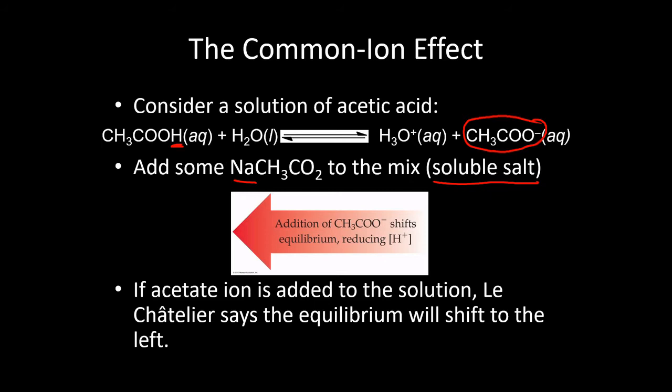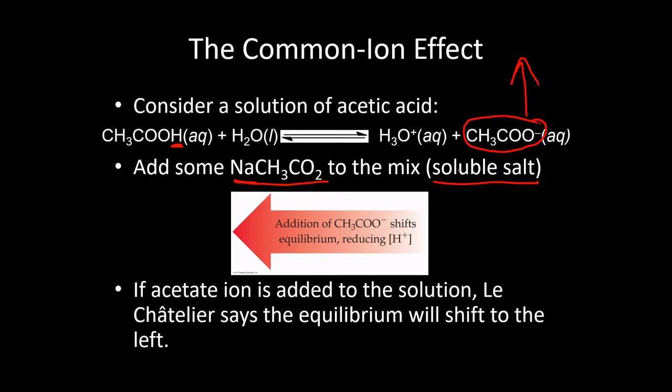So by adding this source of acetate ion, we have artificially jacked up the concentration of this particular product in this equilibrium. This is going to have a significant effect on the equilibrium. This is what we call the common ion effect.